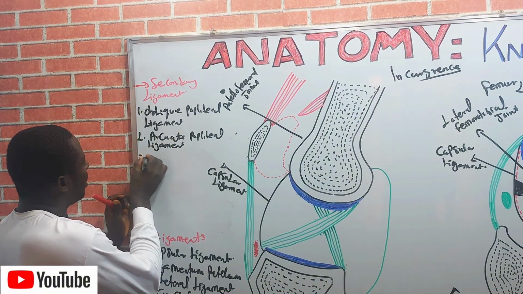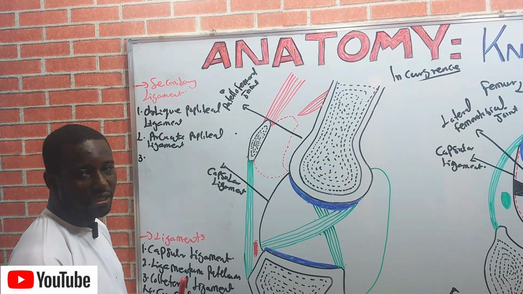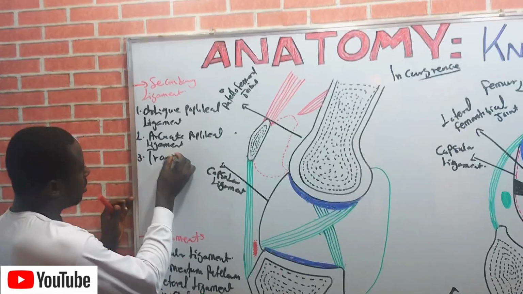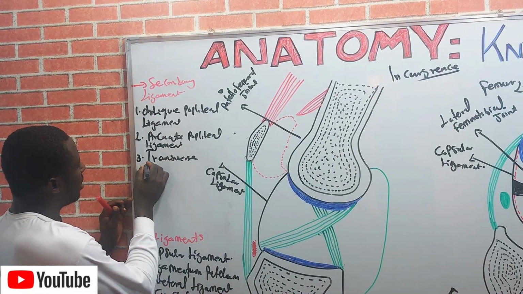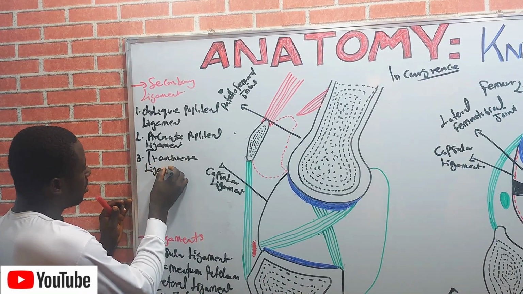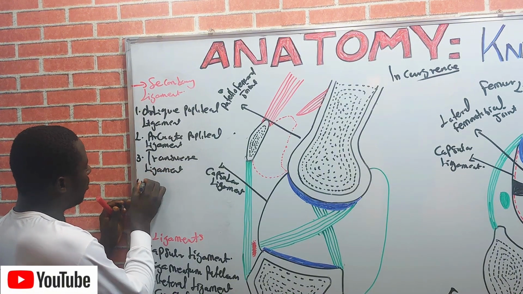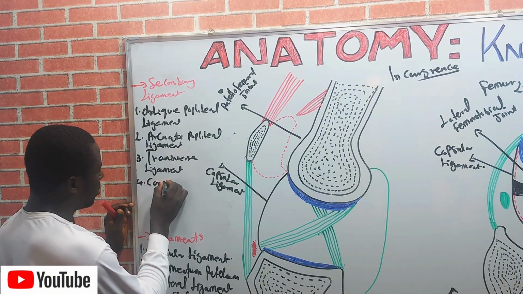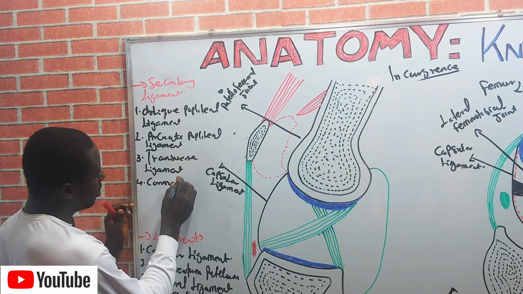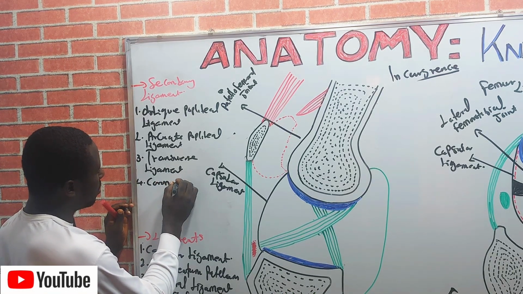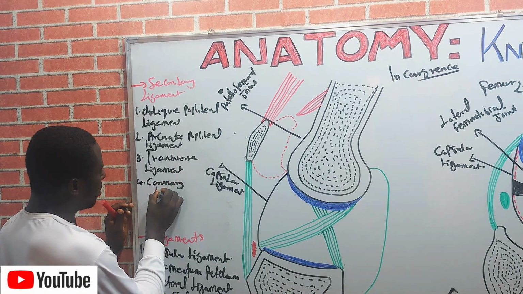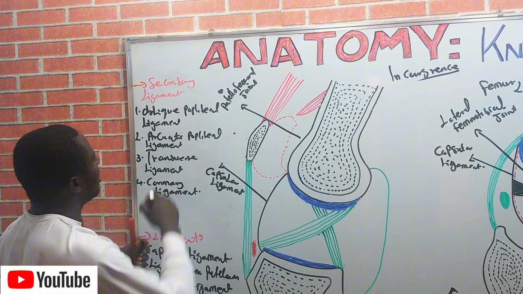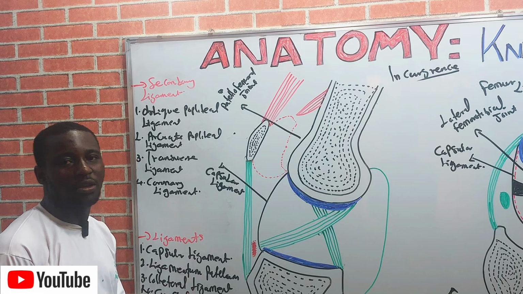And number 3 is the transverse ligament. The number 4 is the coronary ligament. So these are the secondary or the accessory ligaments of the knee joint.